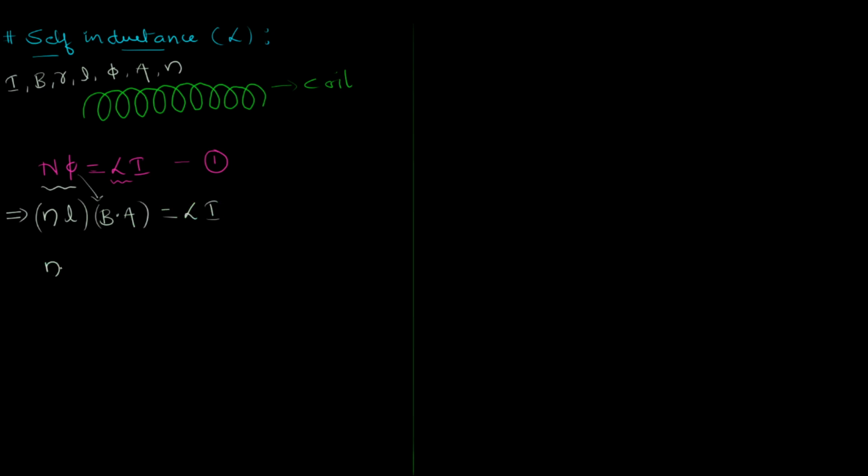I can't really do anything about N into L, so that remains N into L, right? Magnetic field B once again is going to be equal to mu naught n into I. See how simple, no need to worry about which variable is 1, which is 2, it's just a self-inductance. And area would be area of cross section, and the radius is r, right?